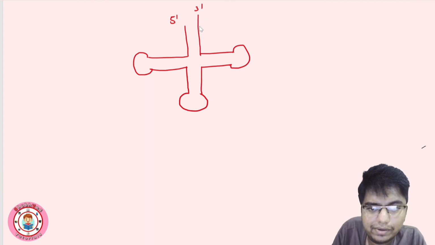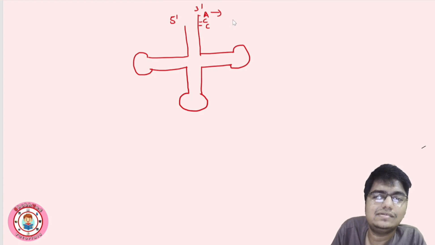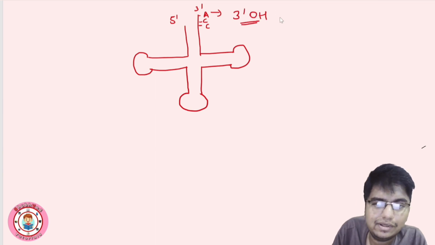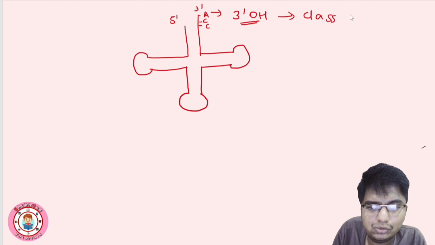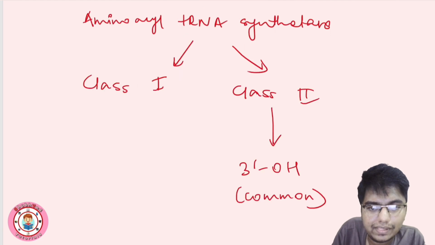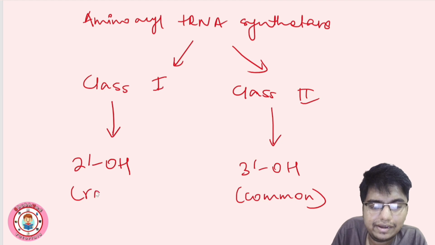Here CCA. The amino acid gets attached on A, right? On the 3 prime A. So class 2 synthetase does it on the 3 prime OH. And class 1 does it on the 2 prime OH. This is a rare event.